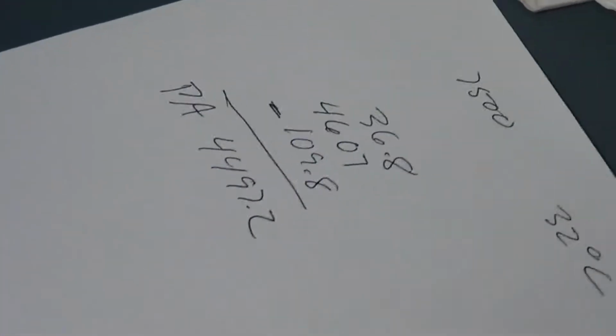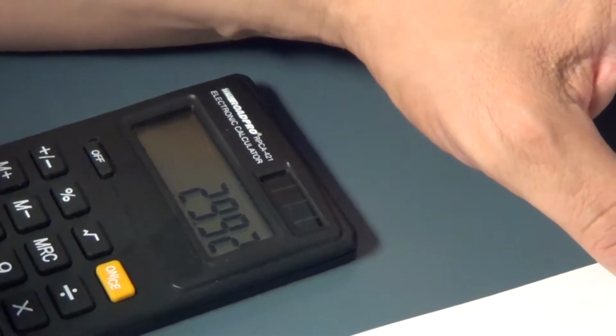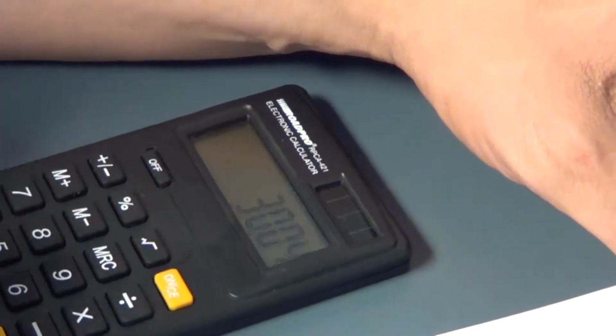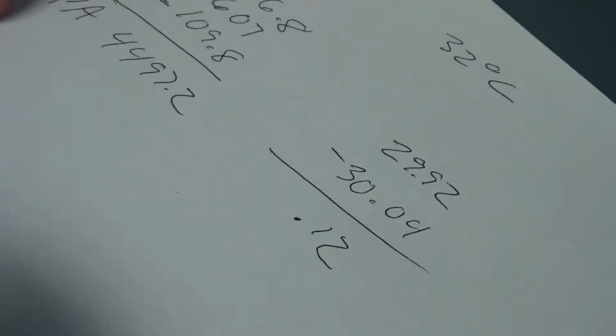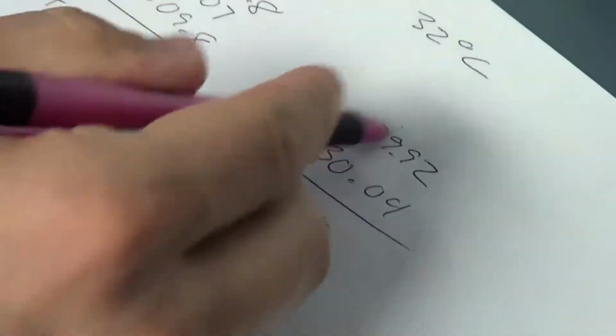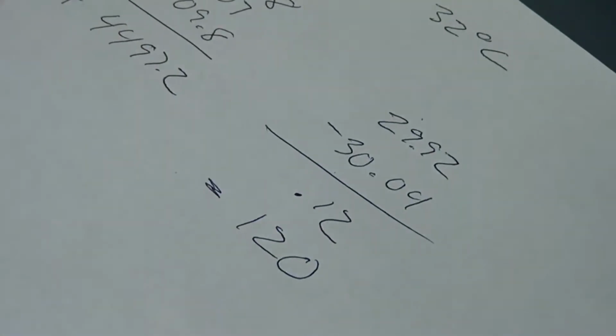And what was the other way that I remember you showing me, where you just took the standard and then... Yeah, 29.92. There we go. And you subtract the altimeter setting, 30.04. 29.92 minus 30.04 is negative 0.12. Times 1,000 is 120. Since it's negative, you keep that minus.